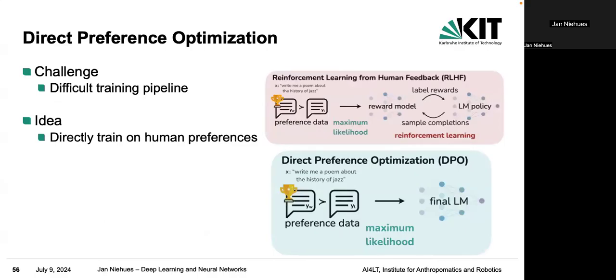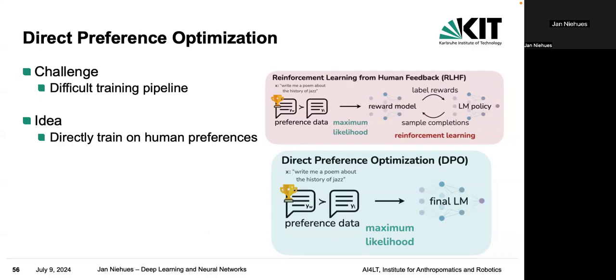You don't want to maximize the correct answer, but you want to maximize this rating. So that is the most helpful, and that you can do with all these tricks here. And that, of course, has the advantage that you don't have to do any sampling anymore. You can directly optimize the data that you have, also get decent results, and make use of this type of preference data that we have there.